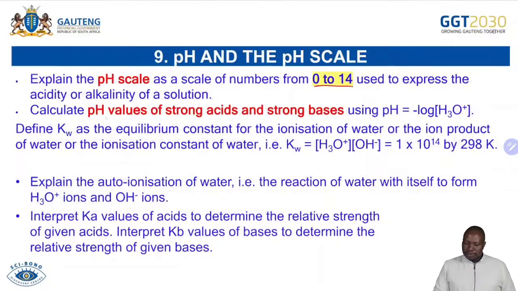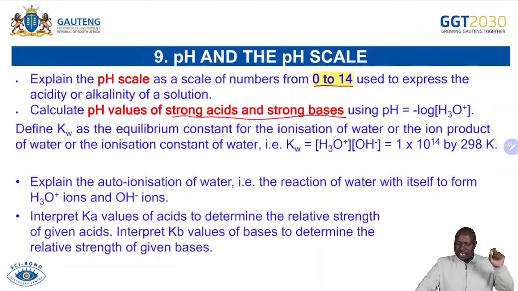And then we must be able to calculate the pH values for strong acids and strong bases. So when it comes to calculations of pH, we will only calculate the pH of strong acids and strong bases, only for those. And then for calculating pH, we use the formula pH equals minus log of the hydronium ion concentration.